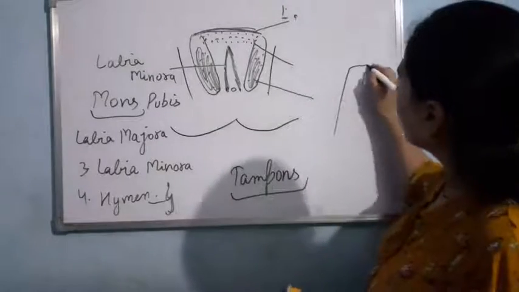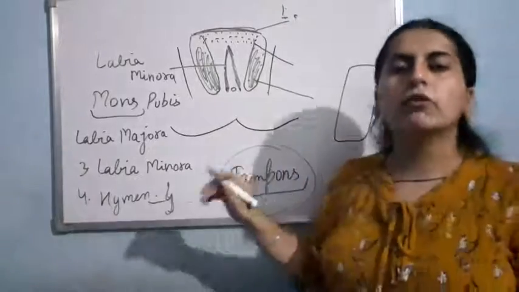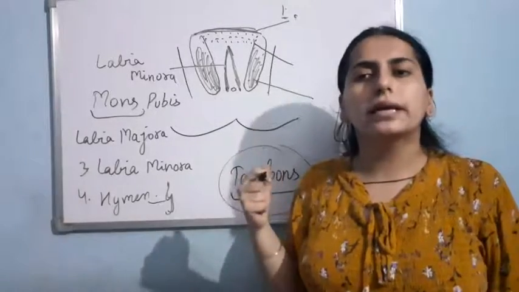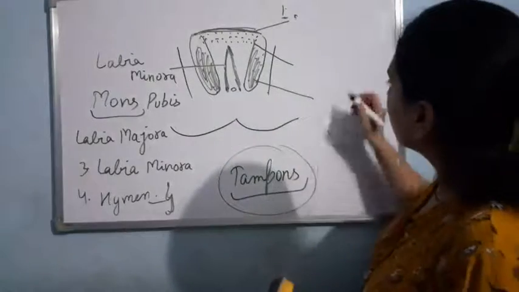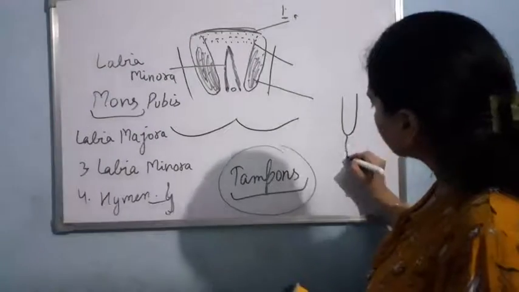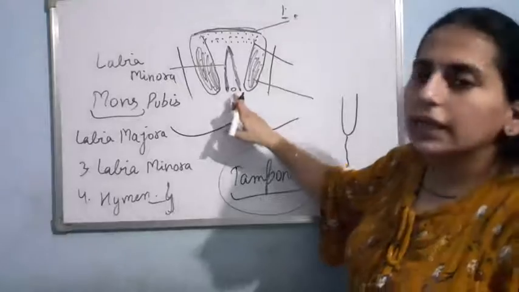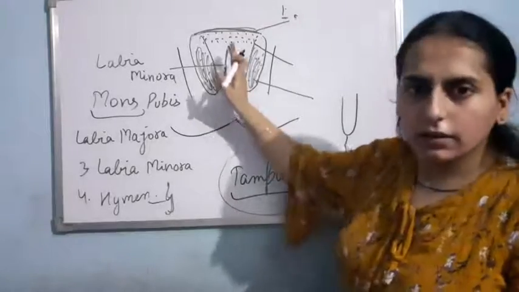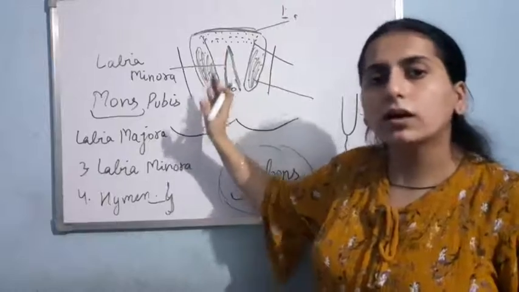But tampons are also available for this purpose in order to collect the menstrual flow. How do they work actually? They are having this structure, and here is a thread. So this tampon can be inserted through the vaginal opening into the vagina.